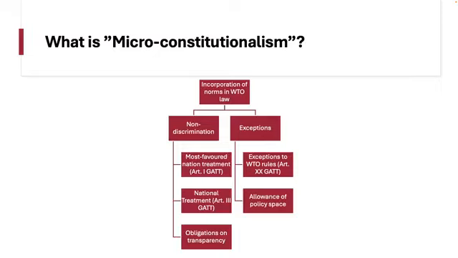In constitutional terms, if we were to put on our constitutional lenses for a second and think about these exceptions in constitutional language, we might say it shows a balance of norms and rights as well as of norms and duties.